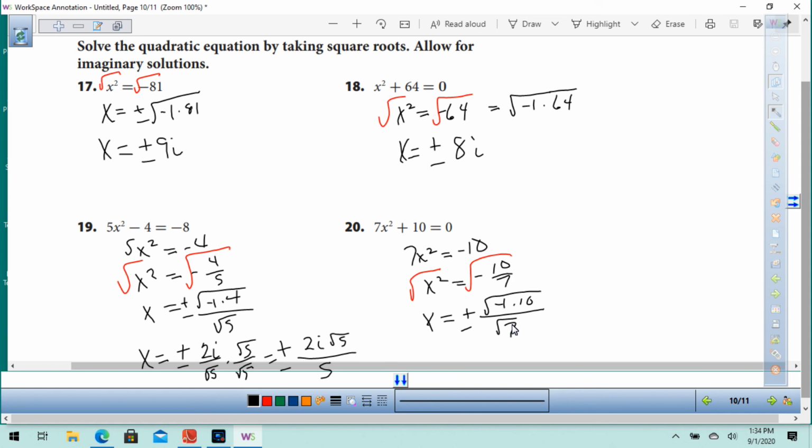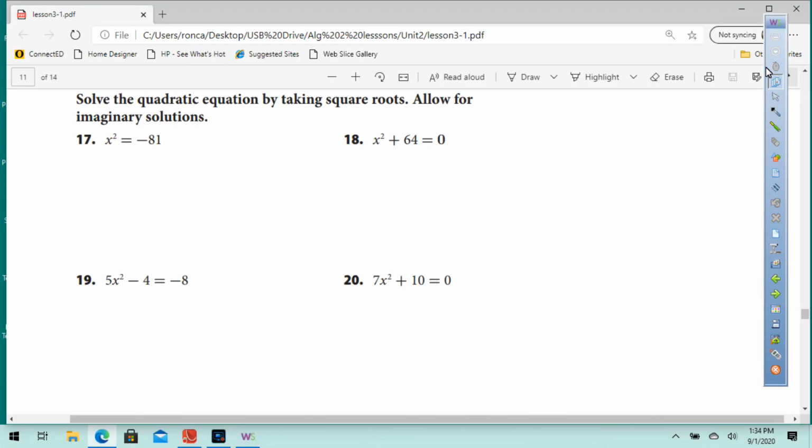Okay, I can take the i out, but I can't do anything with the 10, so I'm going to go ahead and do this conjugation and get rid of that radical in the bottom. It's going to be plus or minus. I'm going to take the i out, the negative 1 out, and then I got 10 times 7, that's going to give me the square root of 70 over the square root of 49. Well, the square root of 49 is 7, so let's take it one more step. Plus or minus i times the square root of 70 over 7. And there's your answer. Good job. Good job.